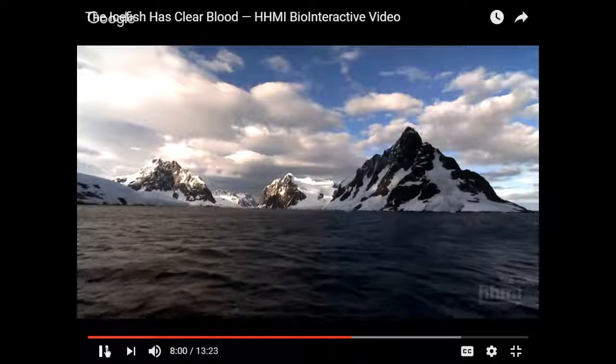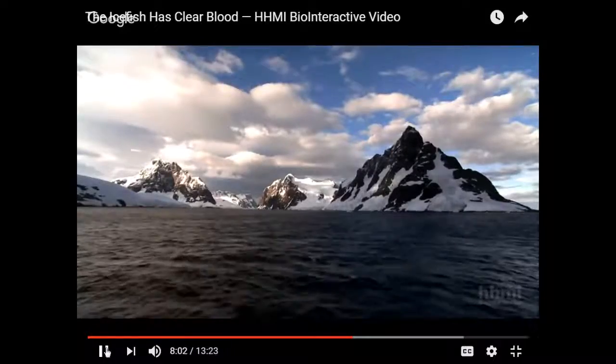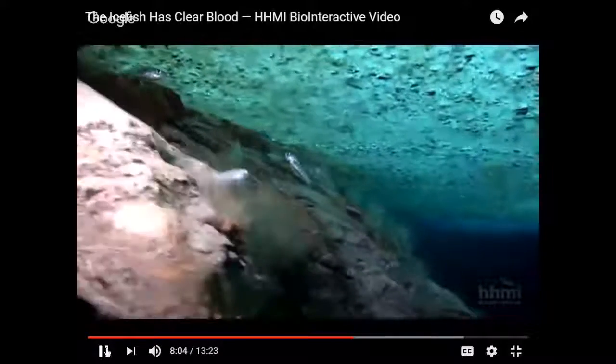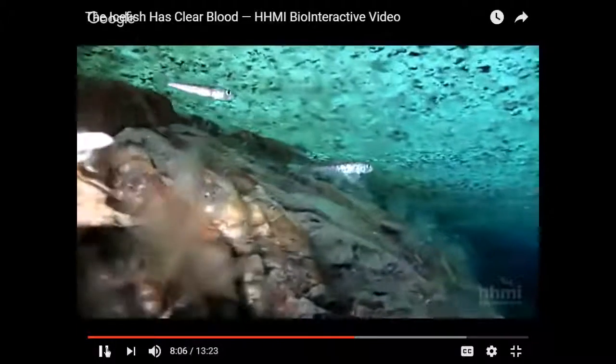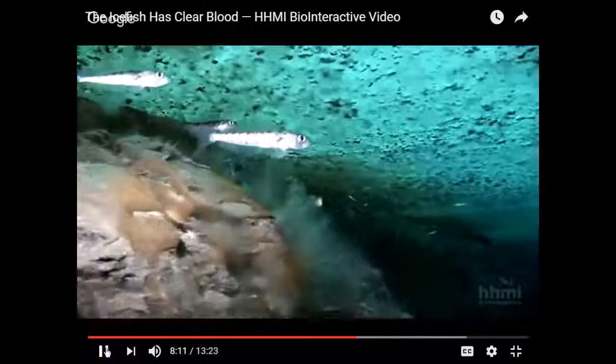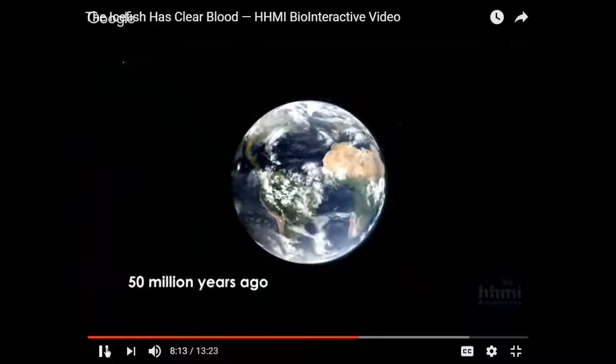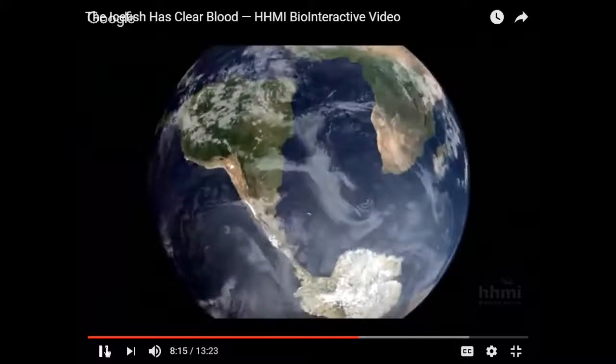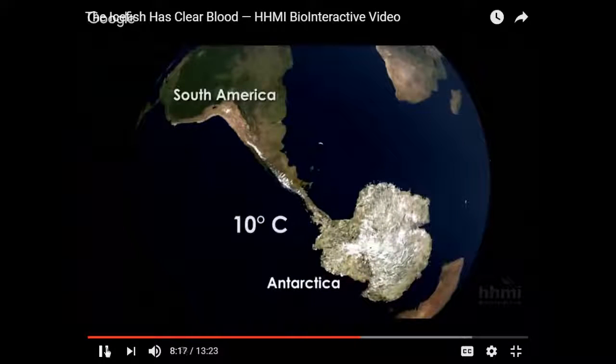Antifreeze proteins give notothenioids a clear edge where they live. But their existence poses an evolutionary mystery. When and how was antifreeze invented? The waters around Antarctica were once a temperate 10 degrees Celsius.